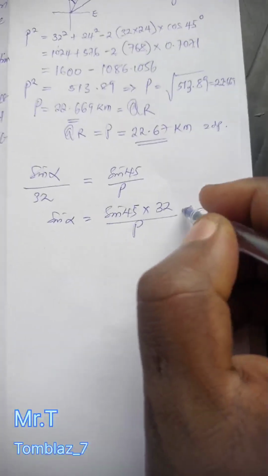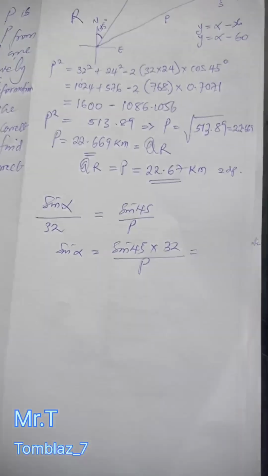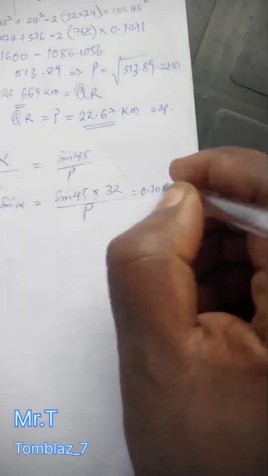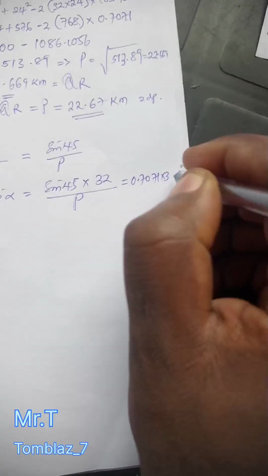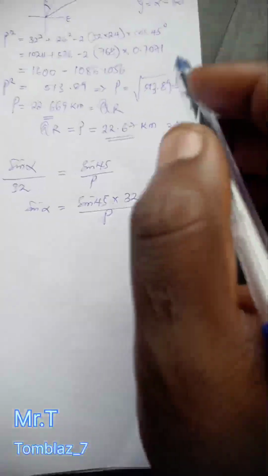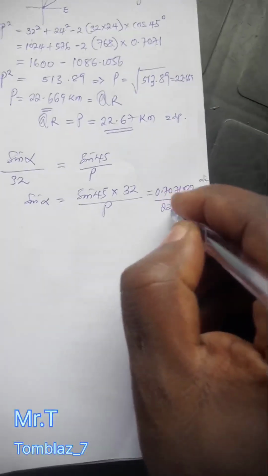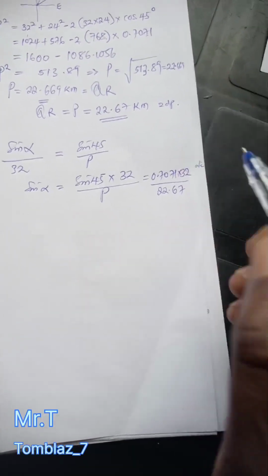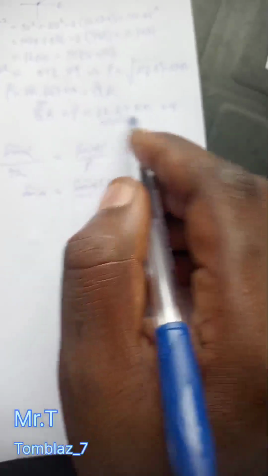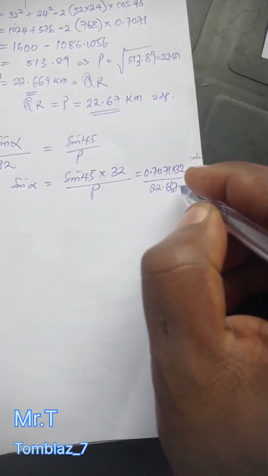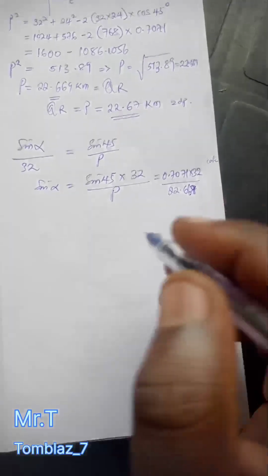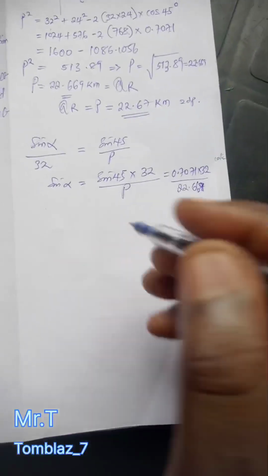Sine 45 is 0.7071 times 32 divided by our p value, 22.67. But we don't always use this final answer, we use the original value. So we go back to 669. Please don't forget, it's very important, use the original value instead of the approximate.